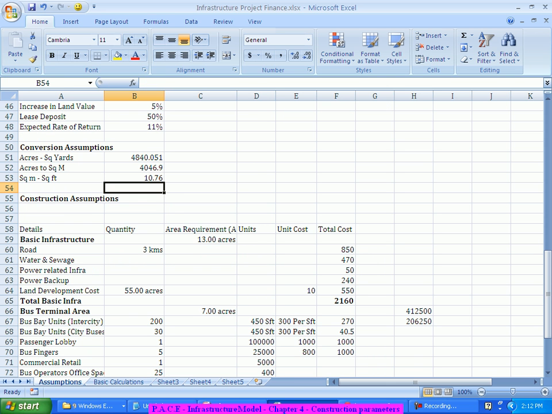Now when I want to convert, let's say 1 acre into square meters, it is 4046.9 square meters. And square meter to square feet, it is 10.76.